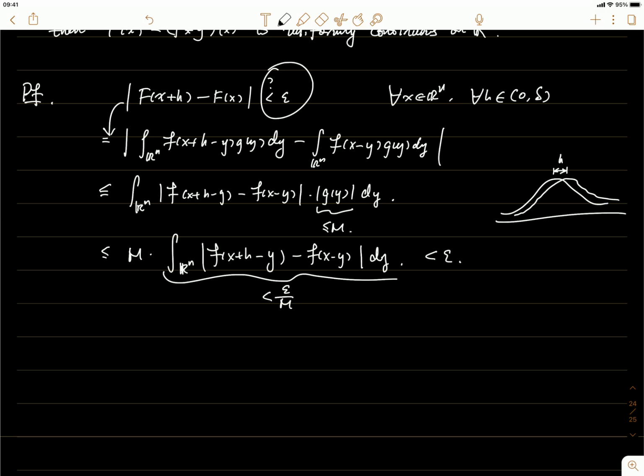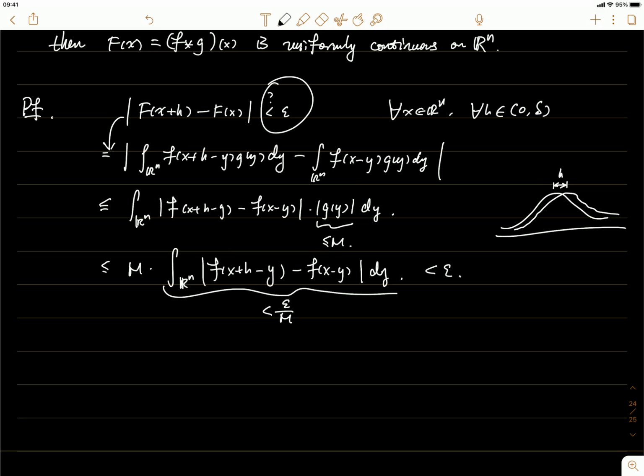To complete the proof, you just need to add up the things I just mentioned. Because g is uniformly bounded by M, and f is integrable, we know that for any epsilon, there exists some delta such that whenever h is smaller than delta, this term is smaller than epsilon over M, and then the product of these two will be less than epsilon.